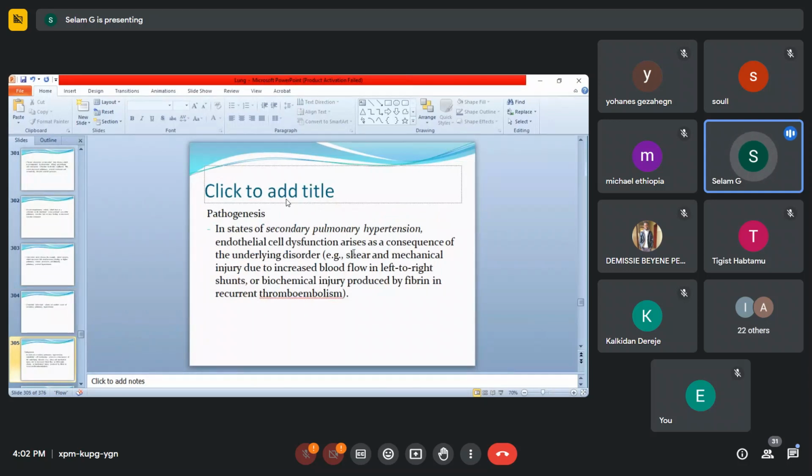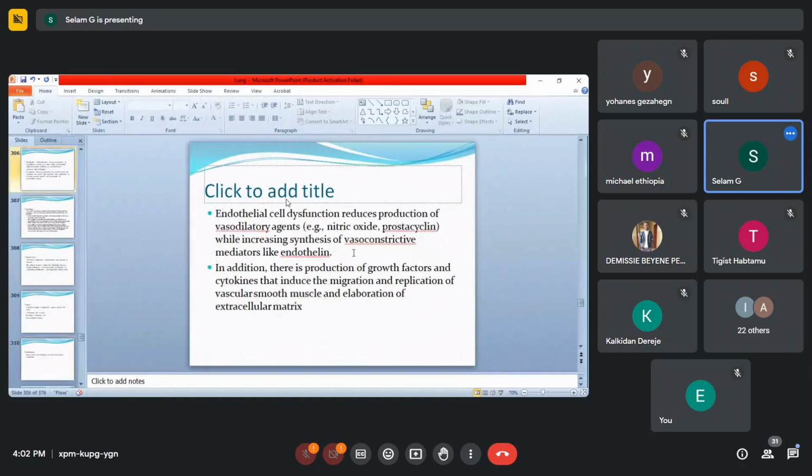In states of secondary pulmonary hypertension, endothelial cell dysfunction arises as a consequence of the underlying disorder. So there is shear and mechanical injury due to increased blood flow in the left to right shunt, or biochemical injury produced by fibrin in recurrent thromboembolism.